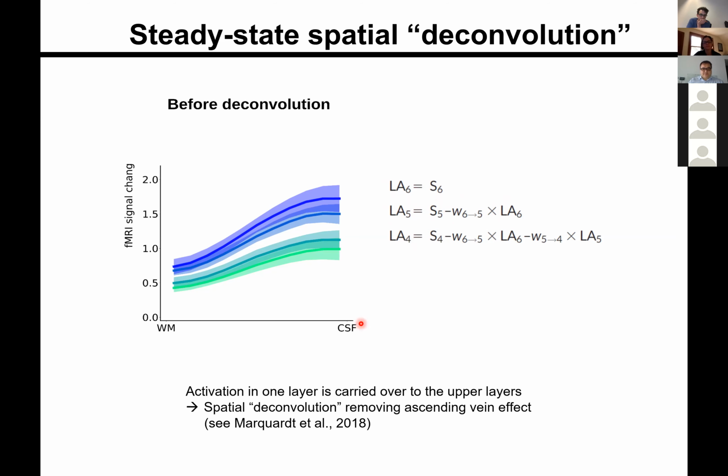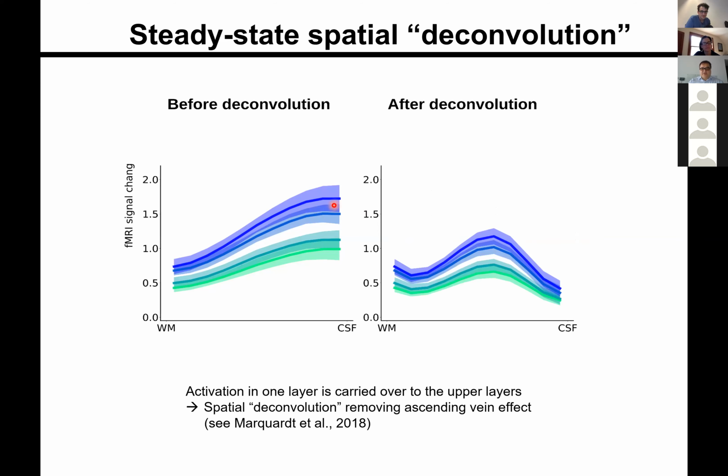If you see, we see this normal increase from white matter to CSF. However, if we do this, what we are seeing is a bump in approximately the middle layers. We used a very simple stimulus. It was just light intensity changes, which is a strong feed-forward stimulus. And we actually expect higher activity in the middle layers on the neural level.